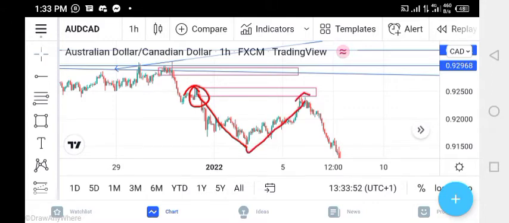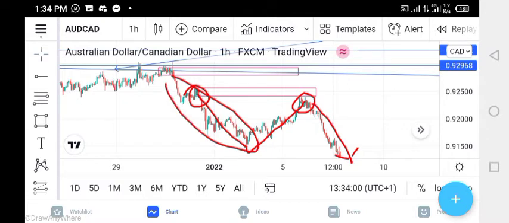You can see the market rejected on this supply zone and then started another movement down. So if you have missed this whole movement, right from our daily entry, you could have picked another sell here, following our supply and demand.